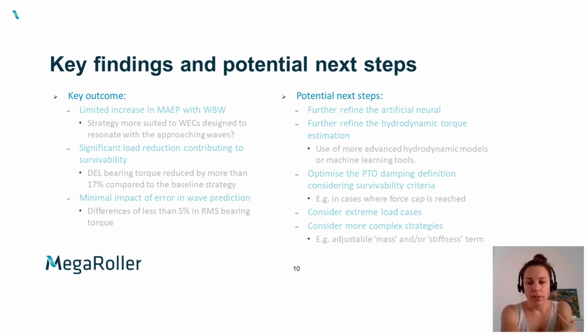We could also look at extending this study to consider extreme loads that are likely to be driven by extreme sea states and or fault scenarios that we haven't looked at in this preliminary study. Overall, the trade-off between power and loads can definitely be studied further, and this will most likely be the subject of future work.